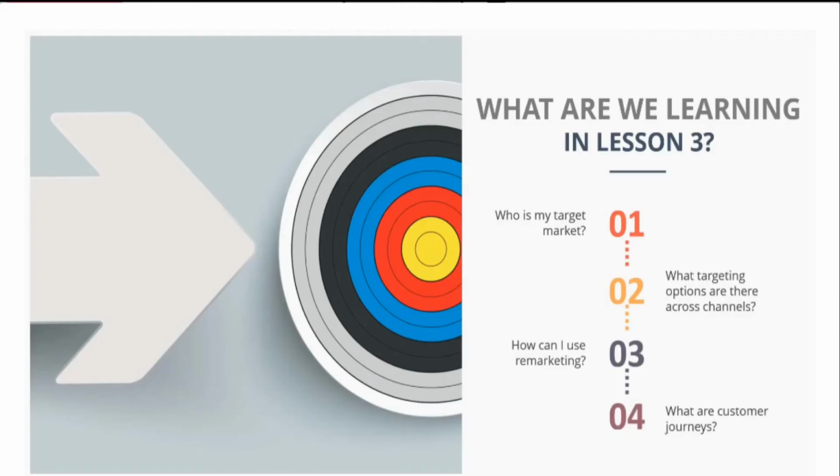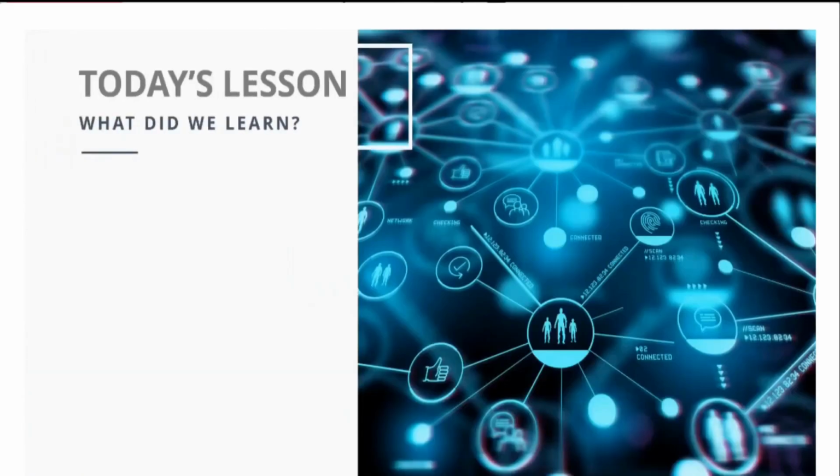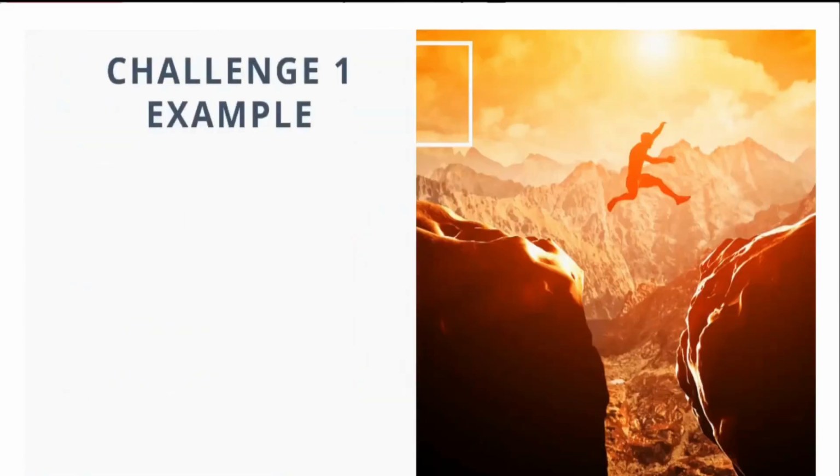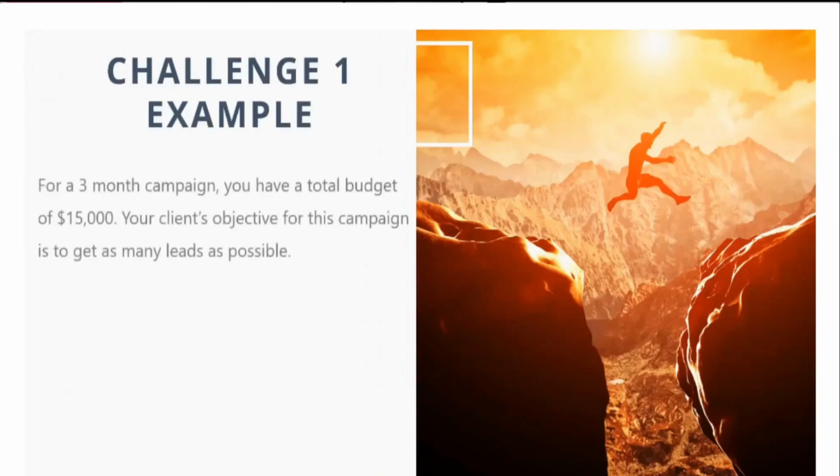It's meeting your expectations. Today's lesson, just recapping, we looked at marketing funnels, determining objectives, tracking performance, and then a quick introduction to Google Analytics and UTMs. This is the challenge example that I was talking about. So you were asked to put together the top KPIs and channels and reasons why you chose those channels for this made-up client.